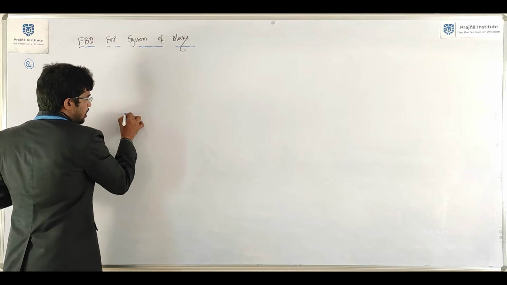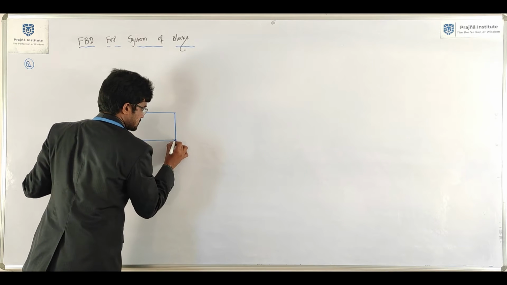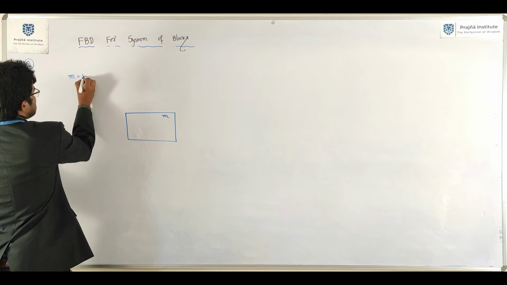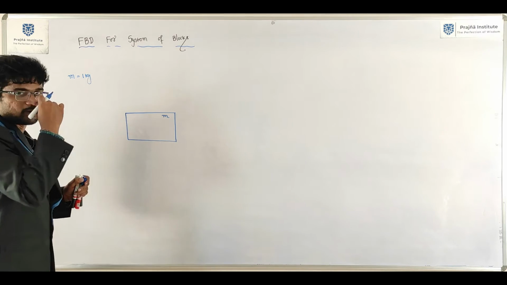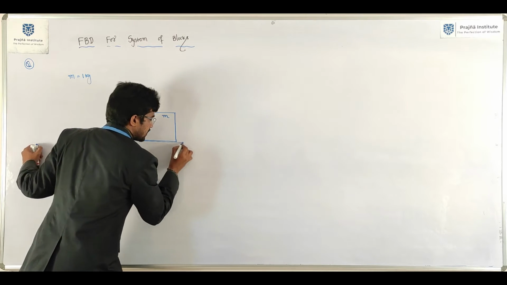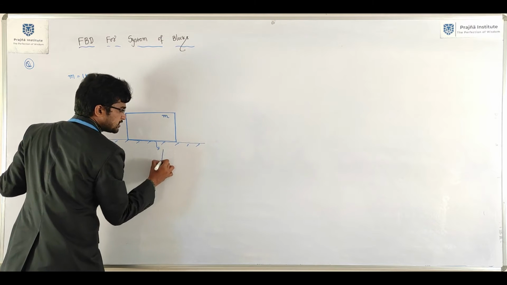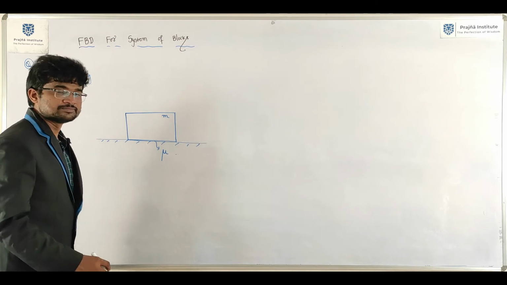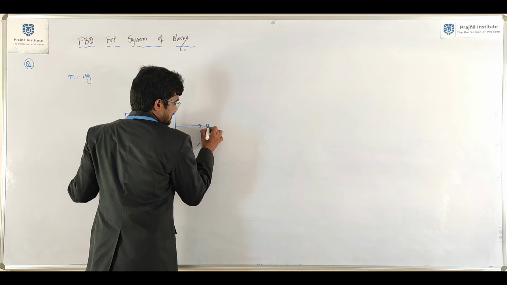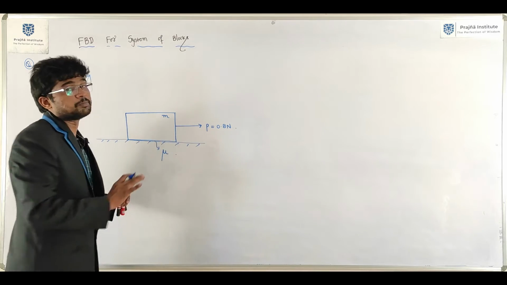A block of mass m equal to 1 kg is resting on a rough horizontal surface with coefficient of friction mu, and a force P equal to 0.8 Newton is applied on the block.